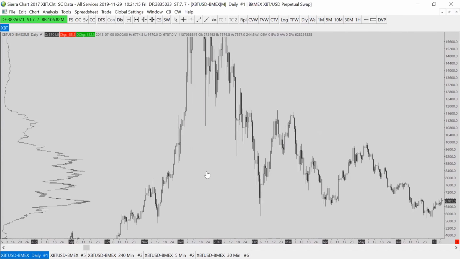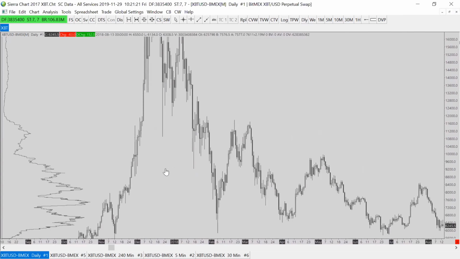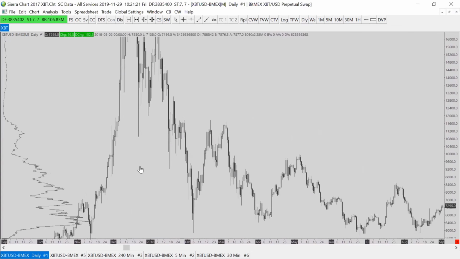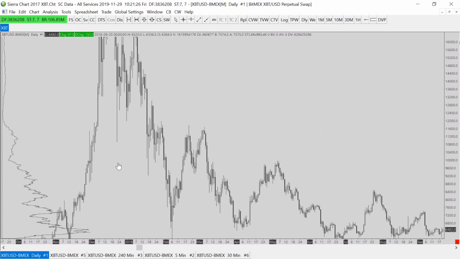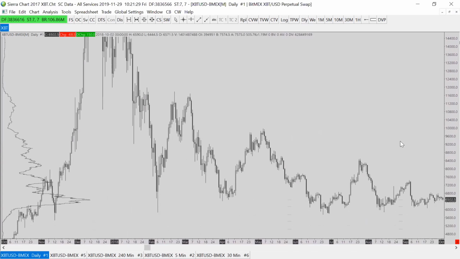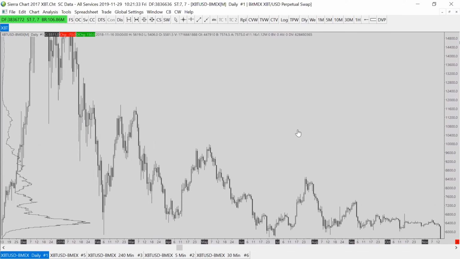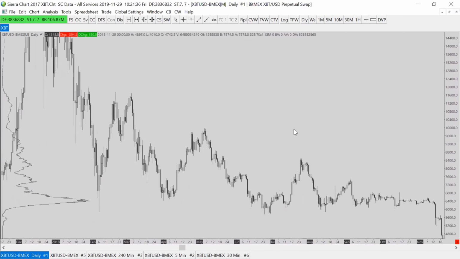Okay, you see that? So there's more volume building, but the low volume nodes remain at more or less the same price.